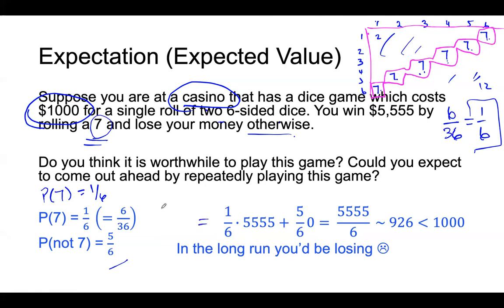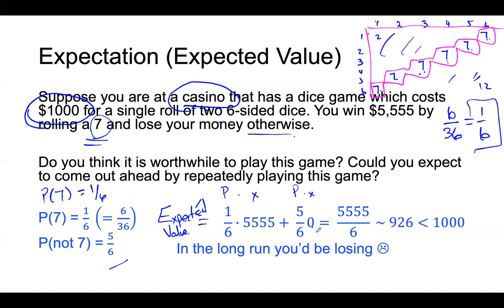So the expected value would be that probability times your outcome. So here the outcome is $5,555 times the next probability times that outcome, which is 0, because you only have 2 options.